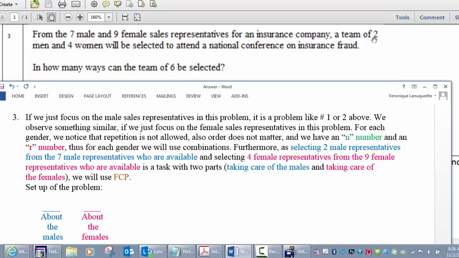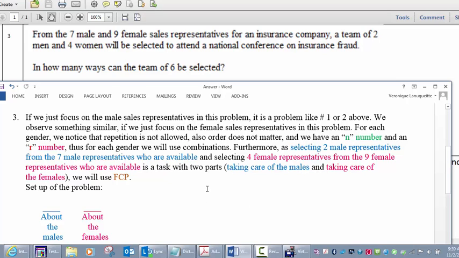And for the females, something similar. For the females, you have an N value of 9 and an R value of 4. So in addition to having combinations for each one of the genders, keep in mind, furthermore, since you are selecting 2 male representatives from the 7 male representatives who are available and selecting 4 female representatives from the 9 female representatives available, this is a task that consists of 2 parts.